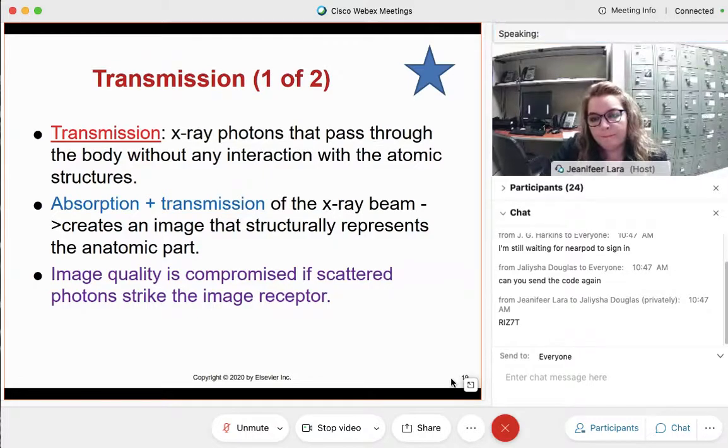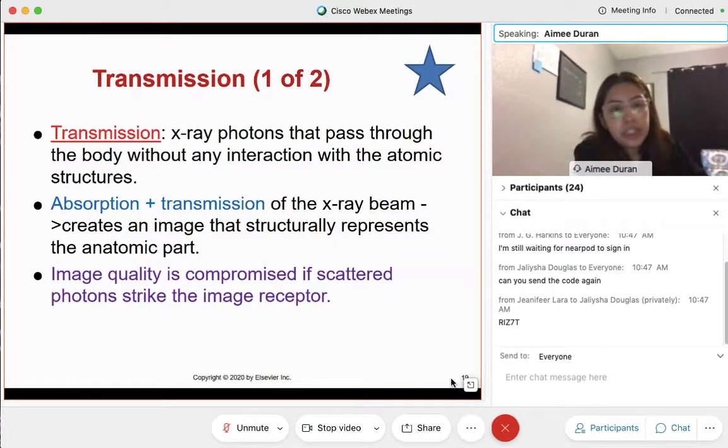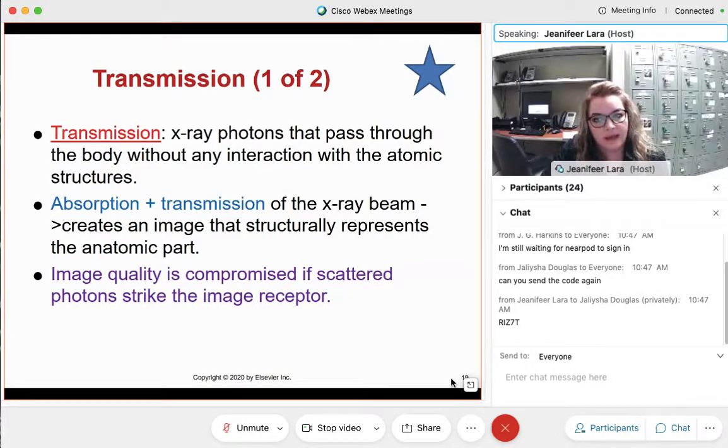Interacting. Without touching the structures? I like that. Not necessarily, but I like that. Without getting absorbed? Without having any attenuation. So this is without losing any photon energy or quantity.